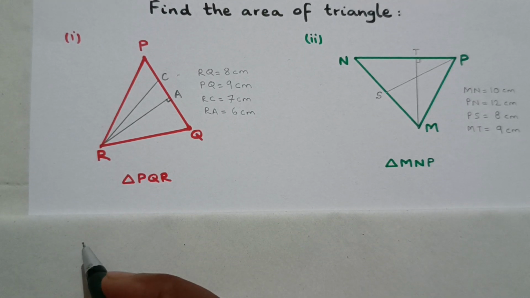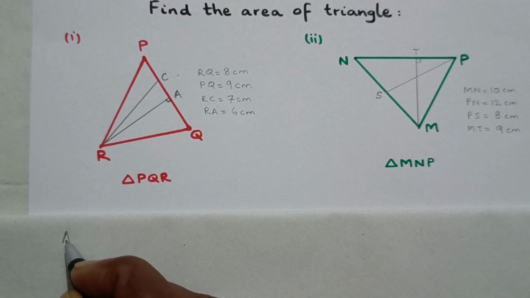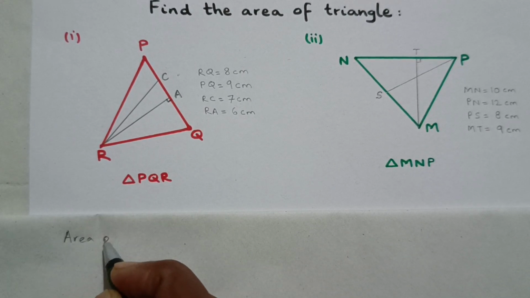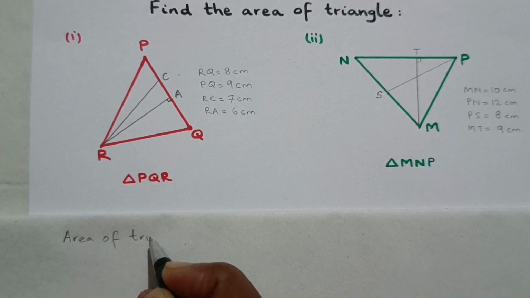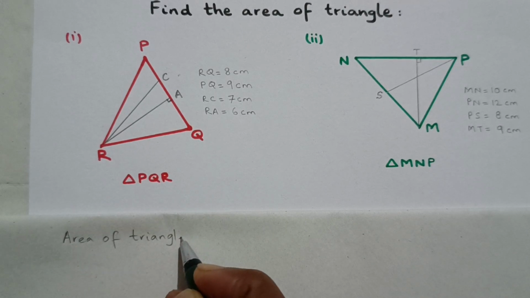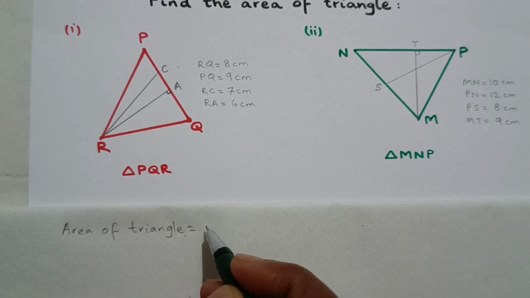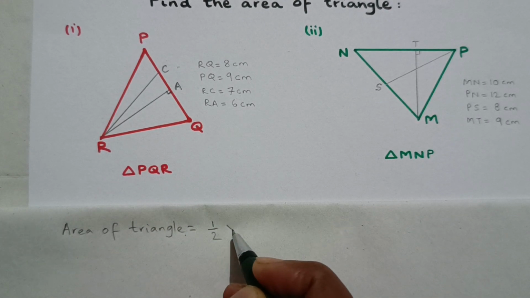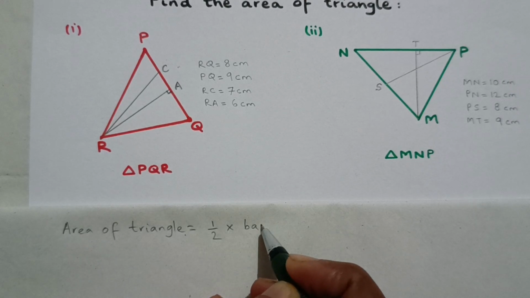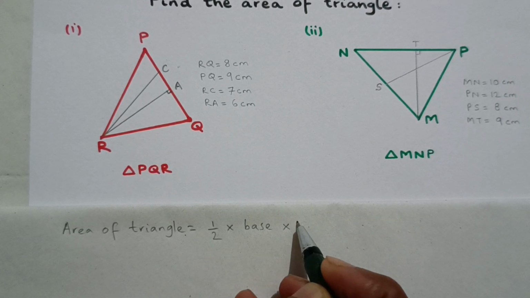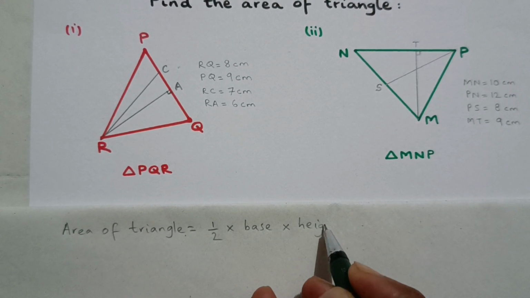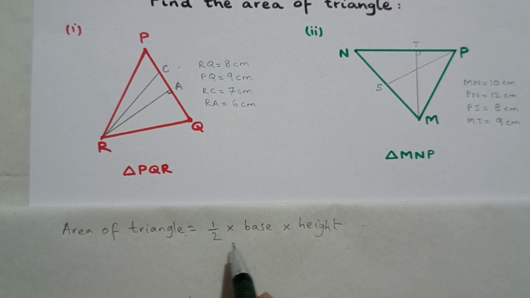So we are going to use the formula area of triangle is equal to half into base into height. So using this formula, we will be finding the area of the triangle in this particular question set.